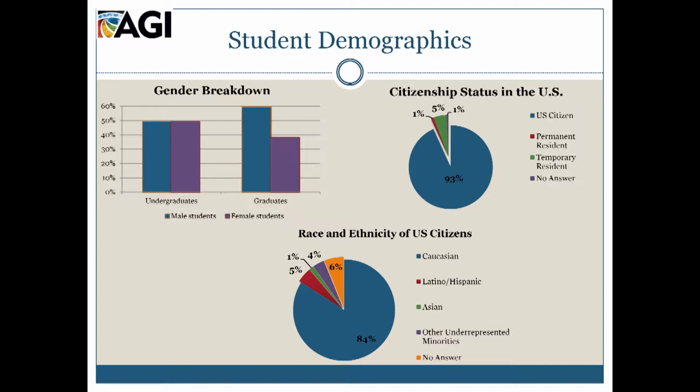And the race and ethnicity, 84% were Caucasian. And you can see we had 5% Latino and 1% Asian, but I had to lump the rest of our underrepresented minorities in a single category because there was only 4%, and the percentages for each one were too small to separate out.